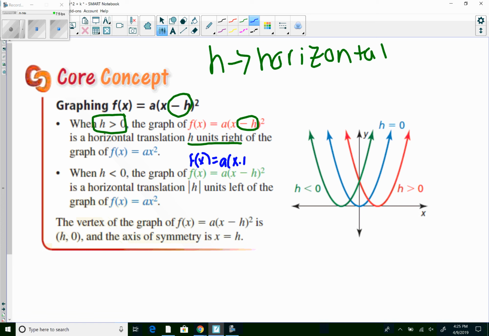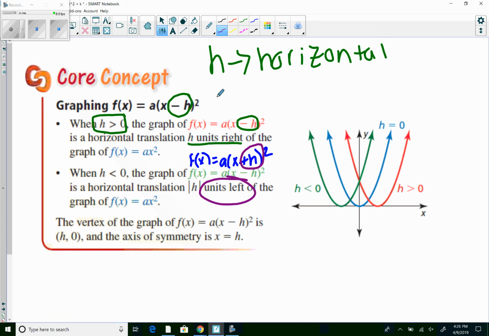Whenever we have a positive H, then this graph is going to move to the left. So again, it's backward. This is positive H, but it's actually moving to the left. Okay, again, keep that in mind.